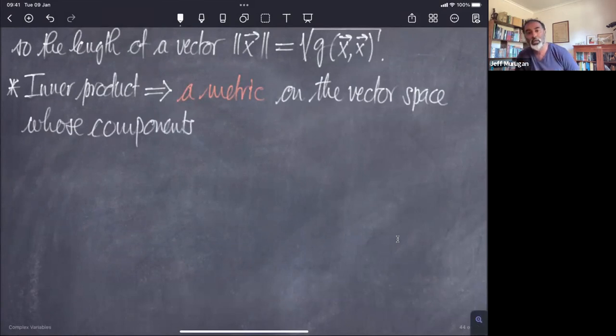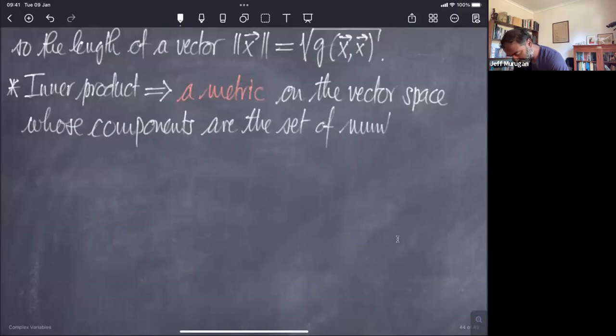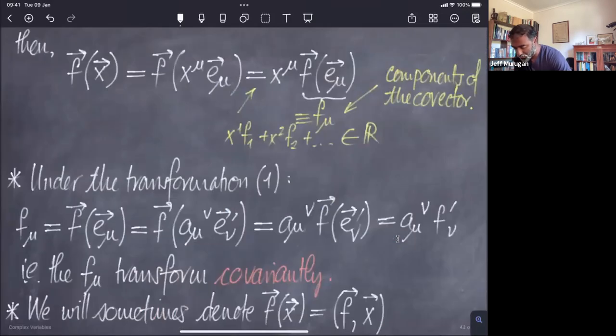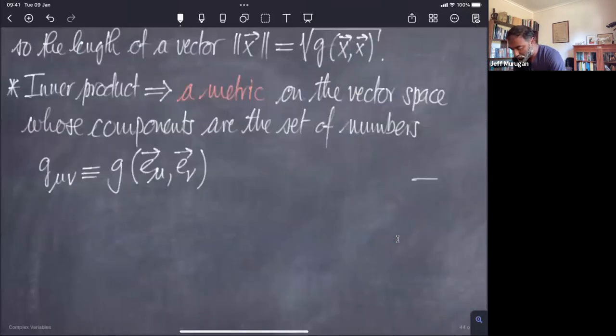The components of this metric, the metric components, are given by the set of numbers G mu nu, defined by the action of G on the basis vectors e mu and e nu. Okay.